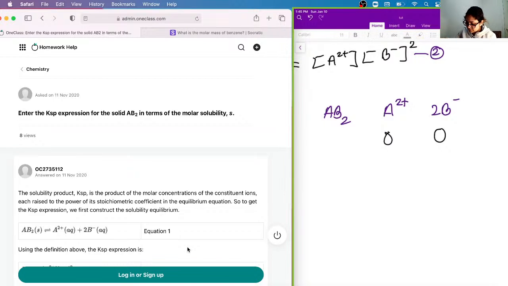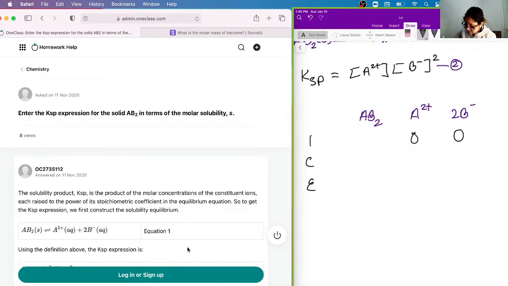It would be 0, 0. So the change in concentration, this would be negative S, since all of our reactant is going to the products. You're basically decomposing, in other words, breaking down the compound into ions, into the product.